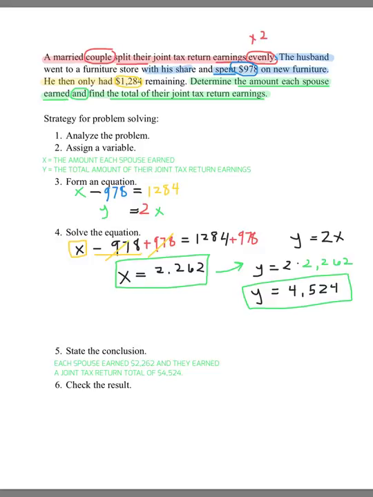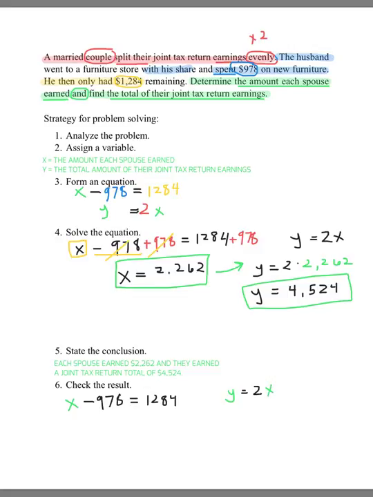We'll start off by bringing down the original equations found in step 3. So we're going to have X minus 978 is equal to 1,284 for the first equation. And for the second equation, we're going to have Y is equal to 2X.